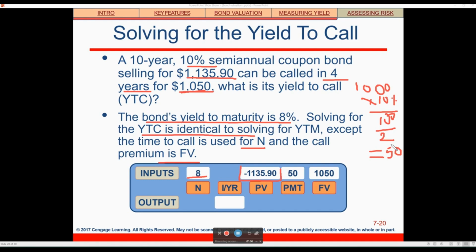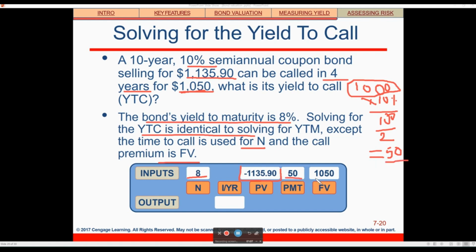So make sure that if you're trying to compute the yield to call, you do not use the call price to compute the coupon payment, because whether you have a call or not, your coupon payments are always going to be the same. The coupon payment will always be the coupon interest times the face value or par value, which is always 1,000. And if it's semi-annual, you divide by 2. So that's how we got a payment of 50.